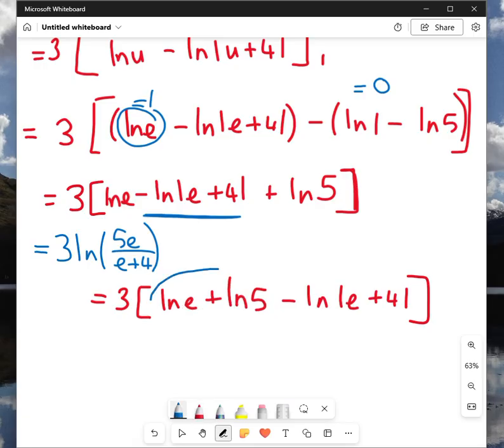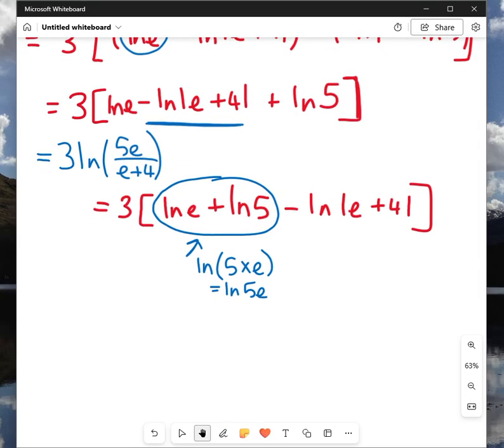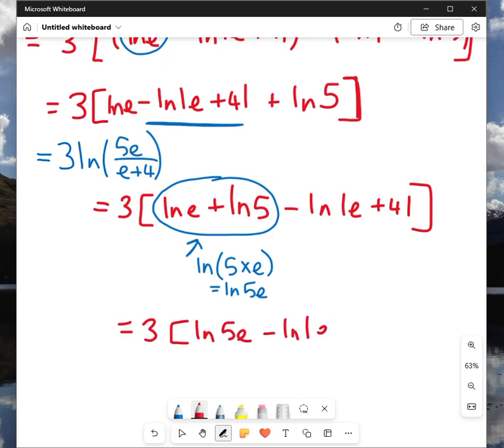Remember our laws of logs, you can write that as 1 log. So it would become log of 5 times e, which would just be the log of 5e. I know you could probably do this all in one step. I'm just being really extra and showing you every single step here. So then we'd end up with the log of 5e minus the log of e plus 4.